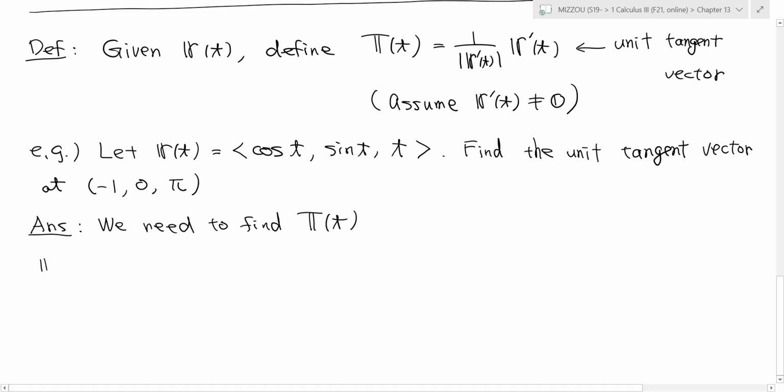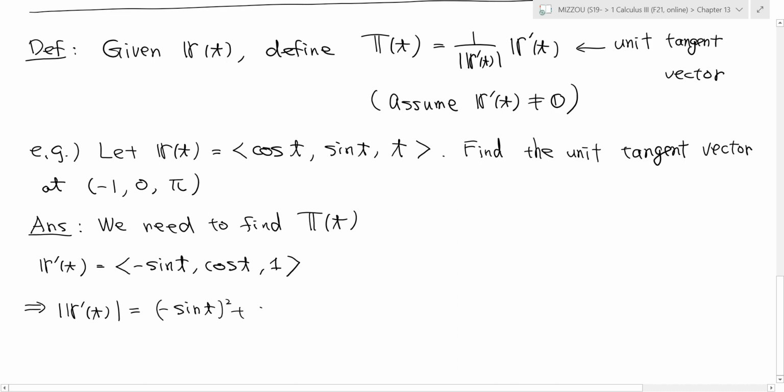To do this, the derivative, you just differentiate: negative sine t, cosine t, and 1. Okay, and then you take the magnitude. To get the magnitude, you have to take the squares, add them, and take the square root.